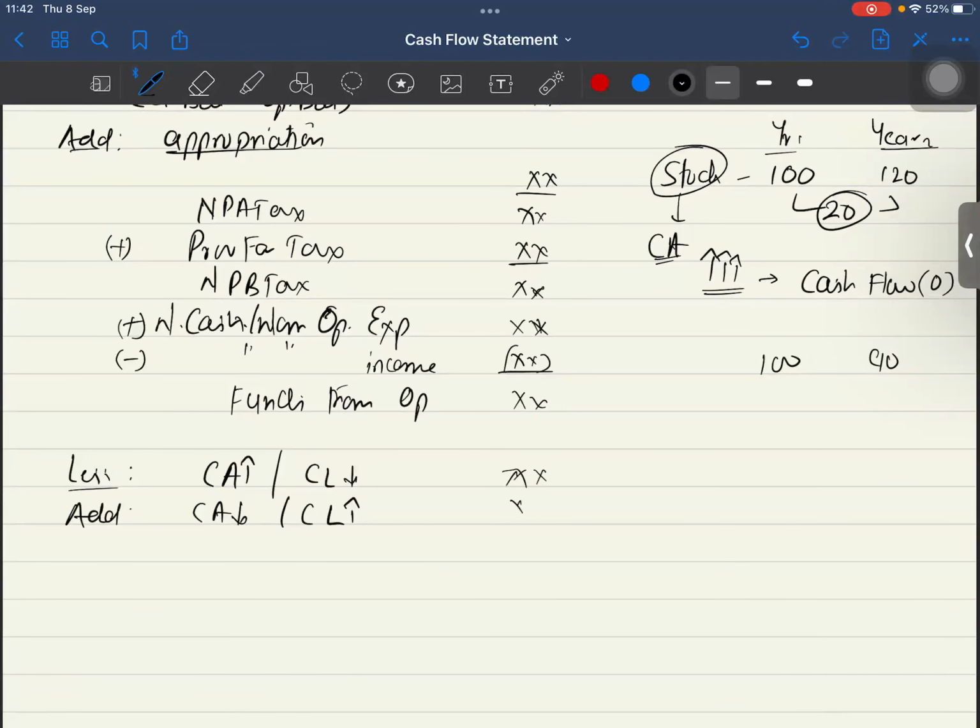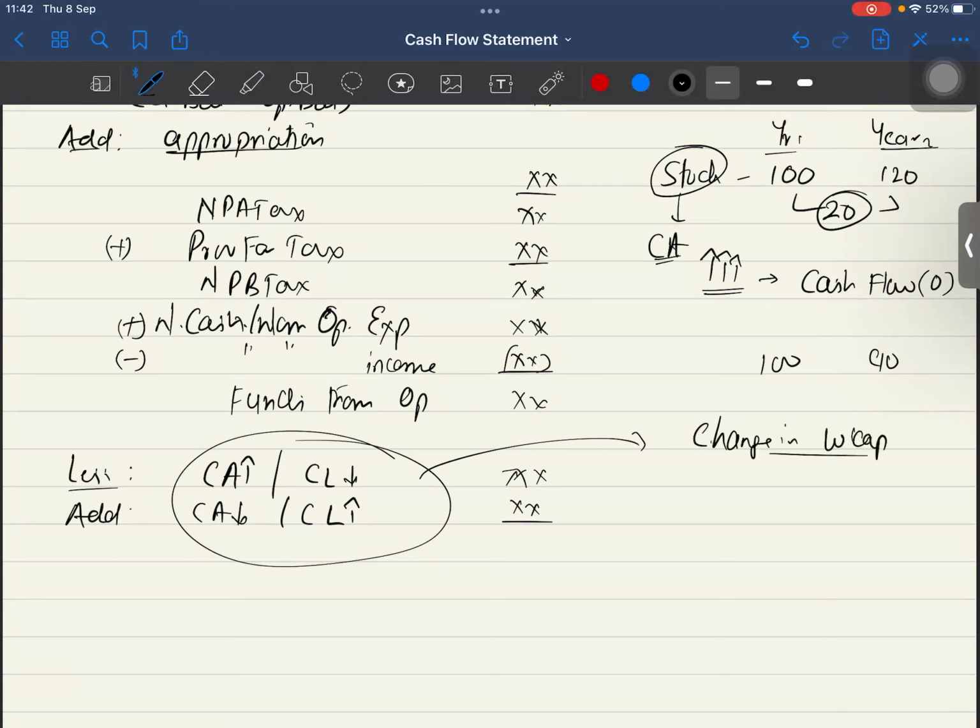So add and less. This is basically also called changes in working capital. Whenever a current asset increases, the working capital also increases.